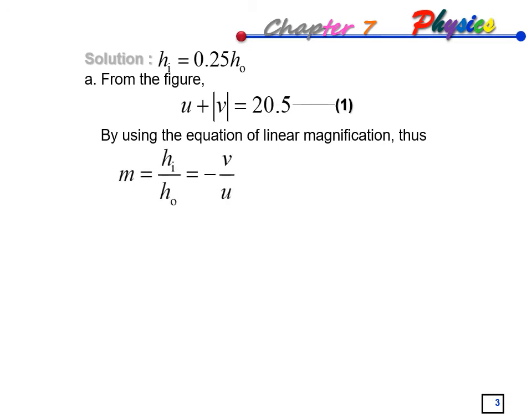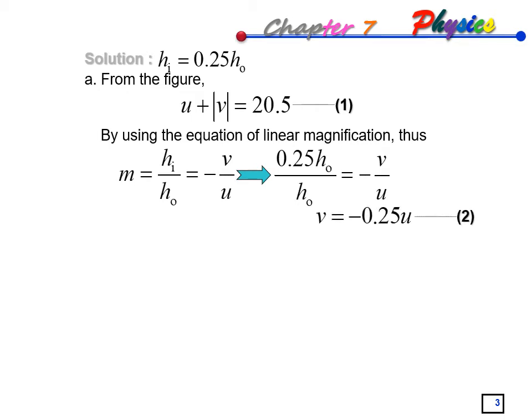Then by using magnification, which is equivalent to the ratio of v over u, and we know that the height of the image is a quarter of the object, we can rearrange in terms of v, which gives 0.25 u.